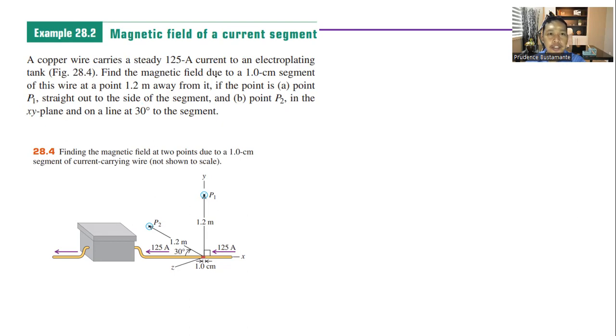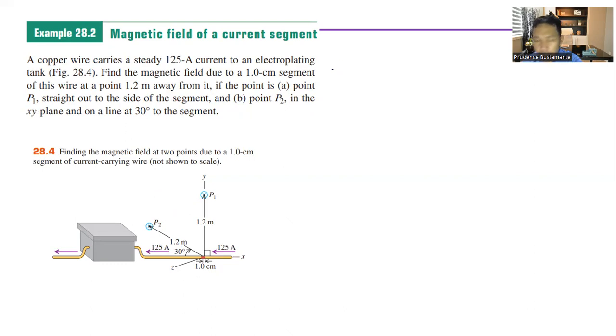Find the magnetic field due to a 1.0 centimeter segment of this wire at a point 1.2 meters away from it. If this point is P1, straight out to the side of the segment, and point P2 in the XY plane on a line at 30 degrees to the segment. Find the magnetic field at these points P1 and P2.